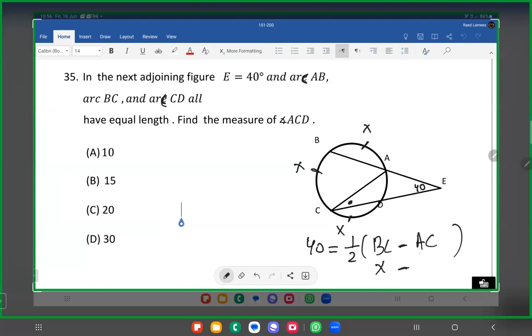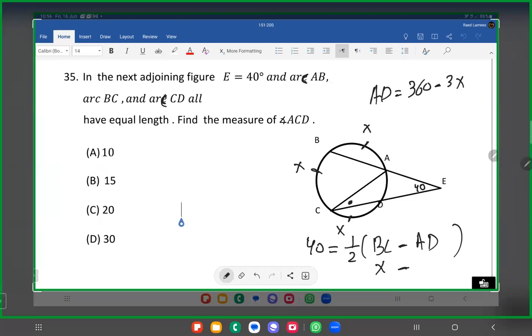I can't keep AC as it is, so I know that it's AD. I'm really sorry, AD. AD is equal to 360 minus 3x. Why? This part of the circle is equal to 360 minus this and minus this.